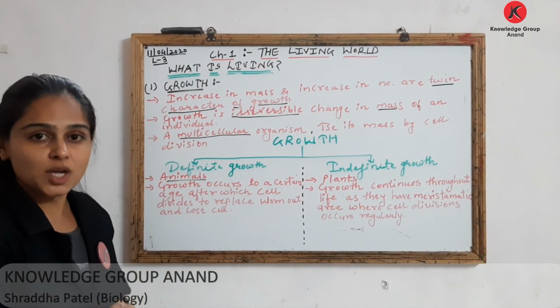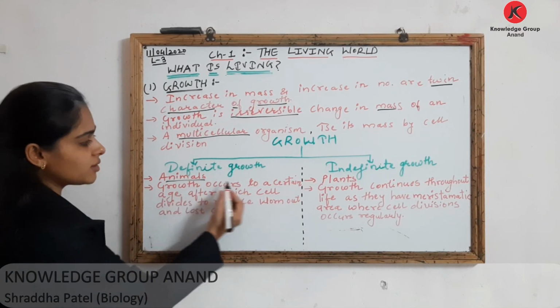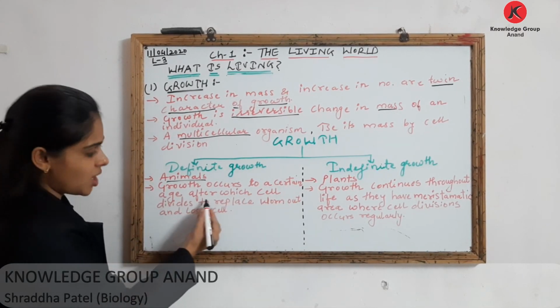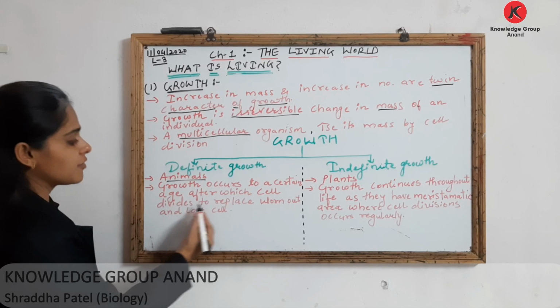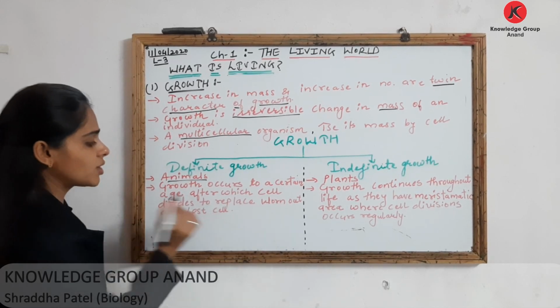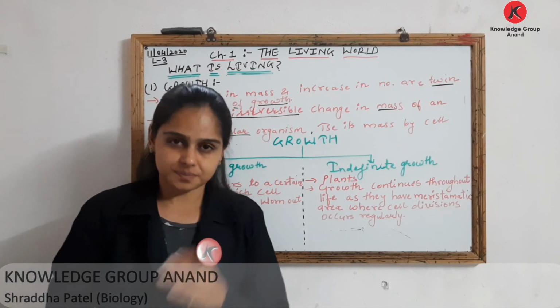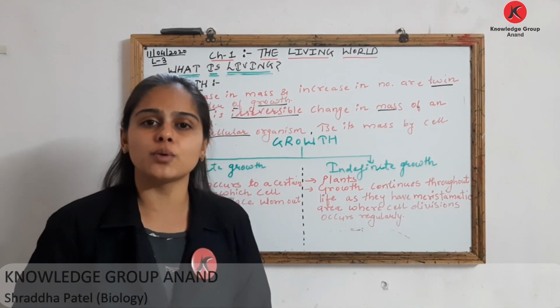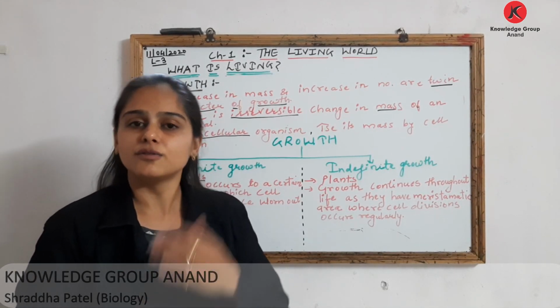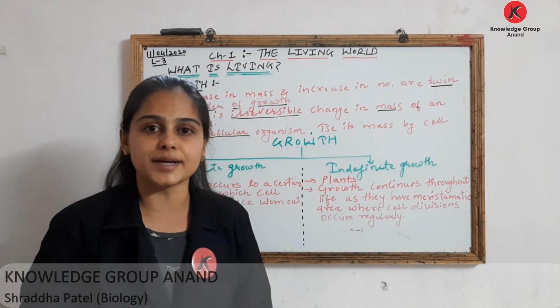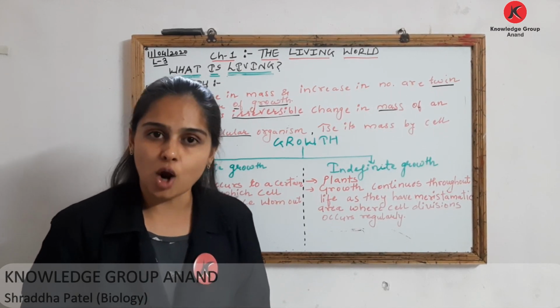Okay, so here, if we are talking about definite growth, this type of growth is exhibited by animals. In this case, growth occurs up to a certain age, after which cells divide to replace worn out and lost cells, of course, right? We very well know that in humans, if I am going to give an example, we are formed from a single cell that is called the zygote. Zygote कैसे बनता है?